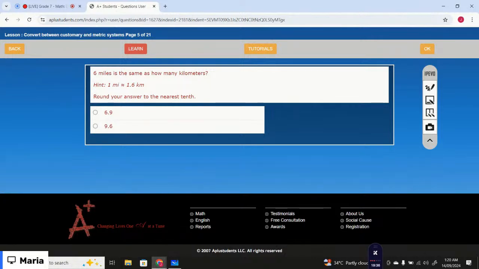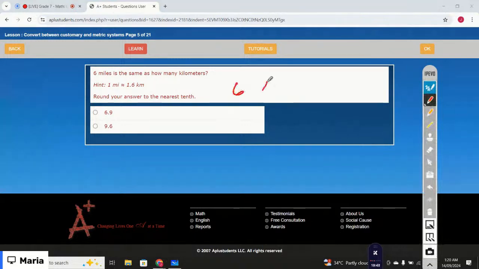Six miles is the same as how many kilometers? We are given the hint. Just use that hint. 1 mile equals 1.6 kilometers, right? You have to calculate 6 miles. So 6 times 1.6 is 9.6. Option number 2 is the correct option.